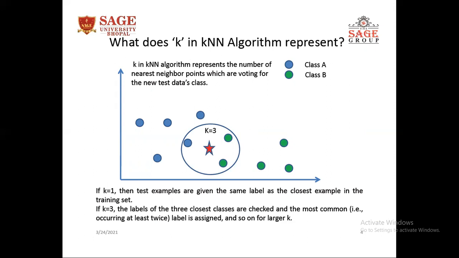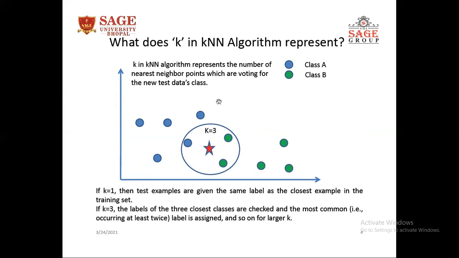And if you are selecting a larger value of k, the algorithm's computational complexity will be high. So you should choose the value of k by remembering these points in your mind. And when you get the desired accuracy, you can set the value of k at that value.